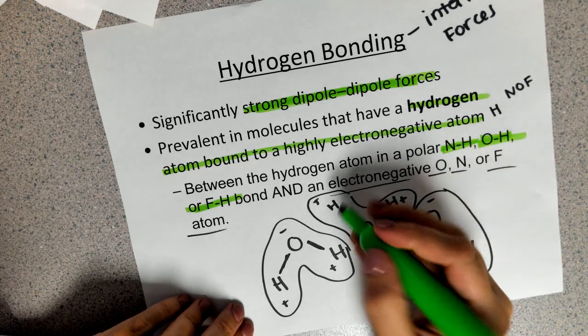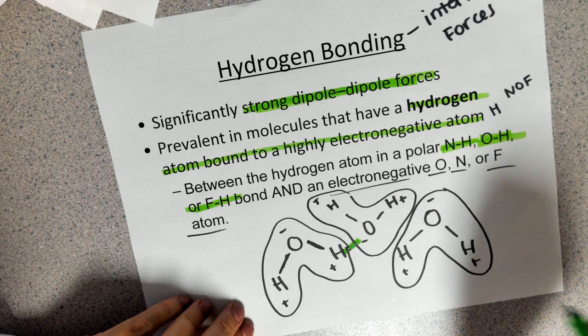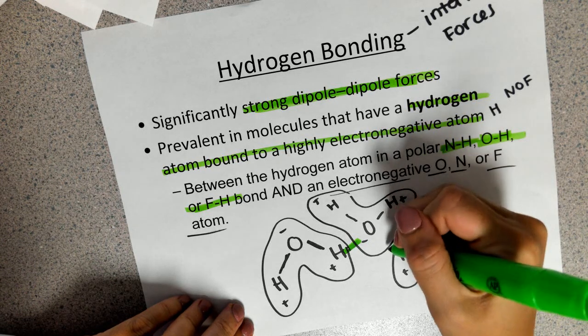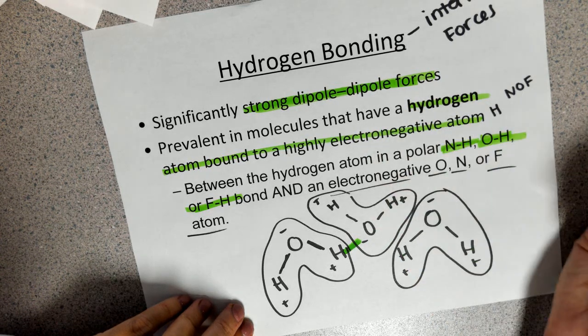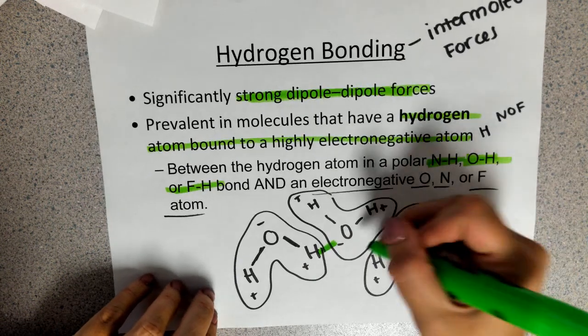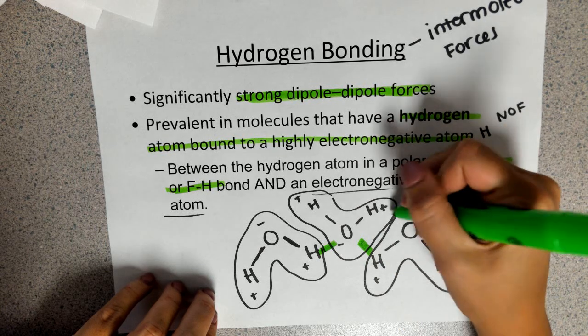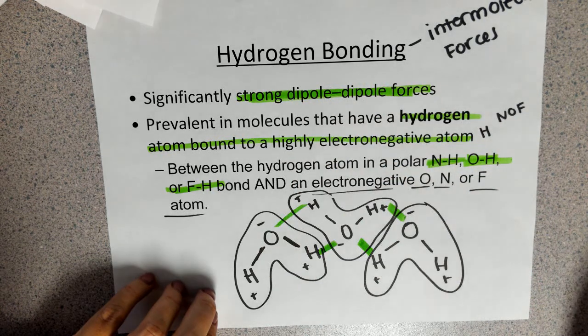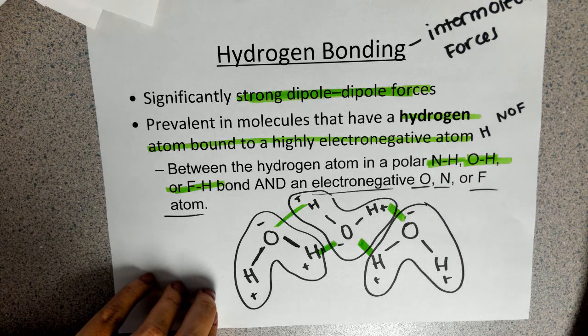There would be hydrogen bonds between this oxygen and this hydrogen. There would be a hydrogen bond, which is just a really strong intermolecular force, between this oxygen and this hydrogen, and this one, and this one. And this would keep these water molecules together. It affects their melting point, their boiling point, their enthalpy of vaporization, enthalpy of fusion, etc.